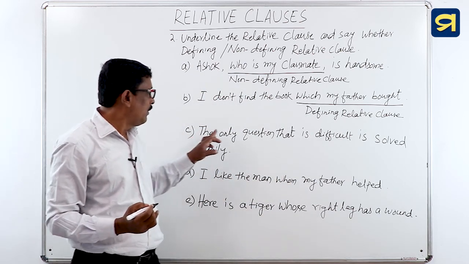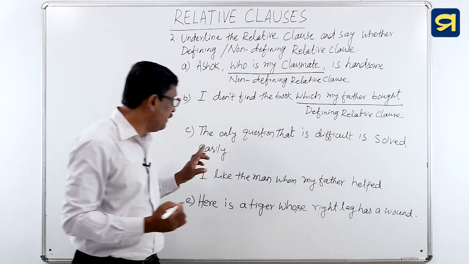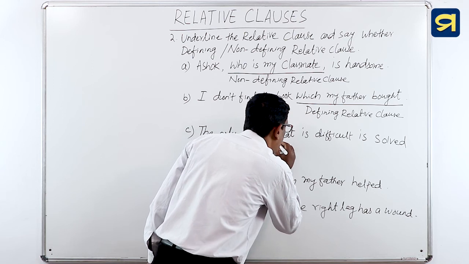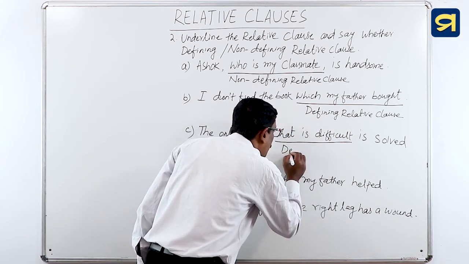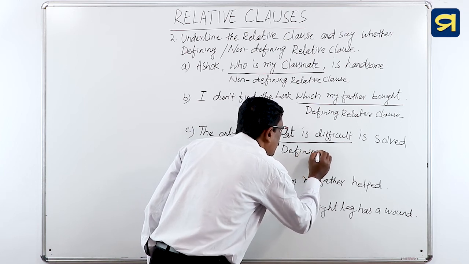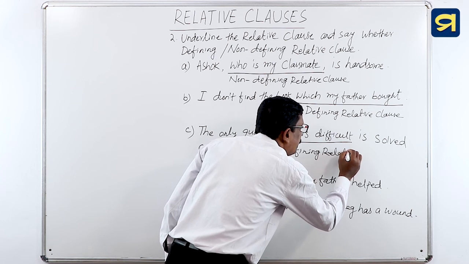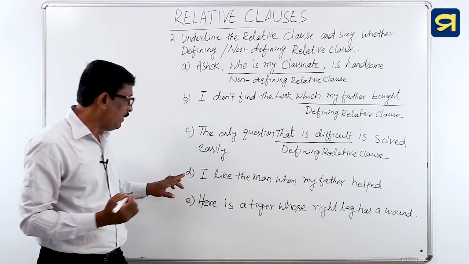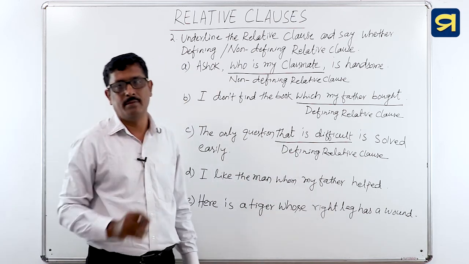C. The only question that is difficult is solved easily. Very good. That is difficult is a defining relative clause. D. I like the man whom my father helped.